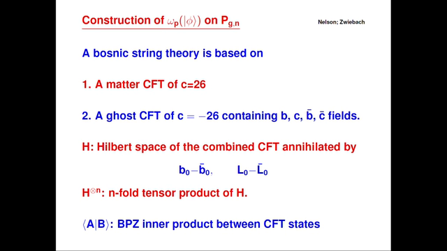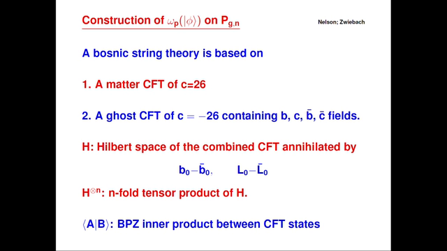Now, we will denote by H the Hilbert space of the combined CFT, but we will not allow a most general state in this Hilbert space. We will allow states which are annihilated by these combinations of b's and L's: b0 minus b0 bar, the zero modes of the b ghost, and L0 minus L0 bar, the zero modes of the Virasoro generators.